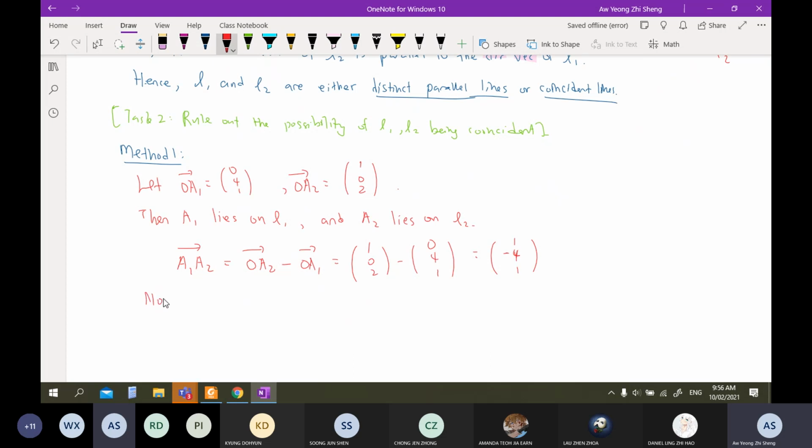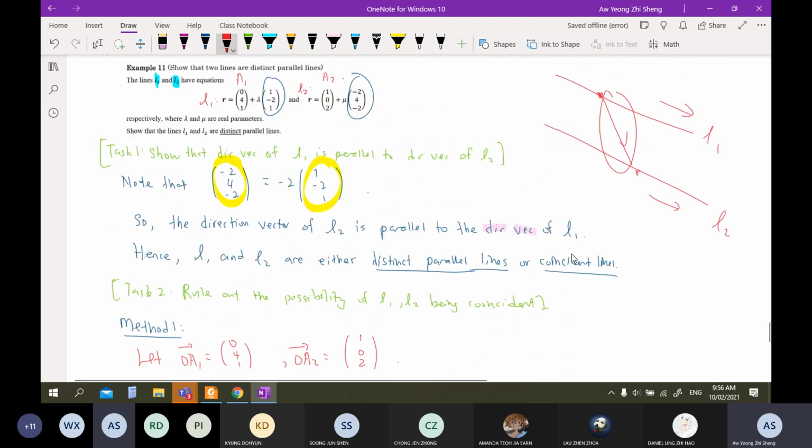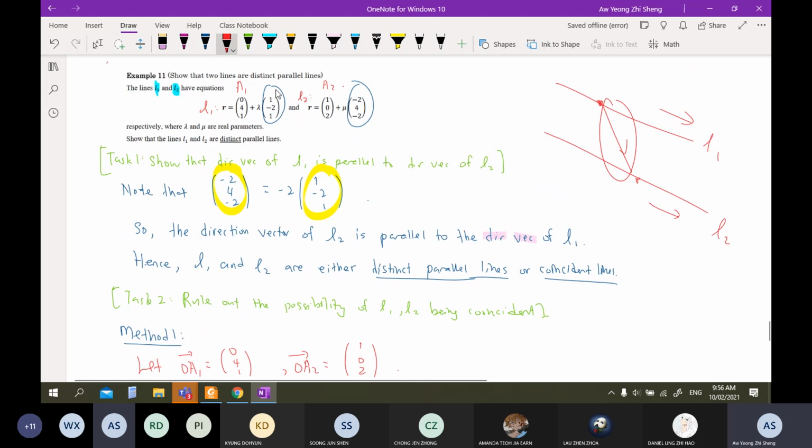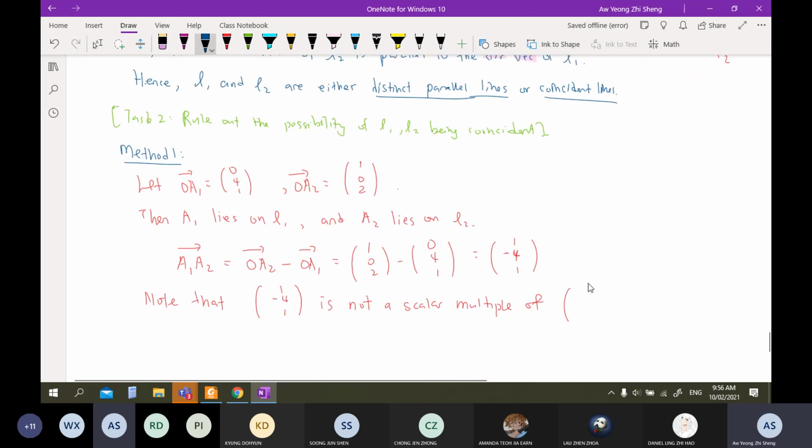Then we say, note that 1, minus 4, 1 is not a scalar multiple of, we want to compare with either B1 or B2. Okay, let's compare with B1 here. It's 1, minus 2, 1.